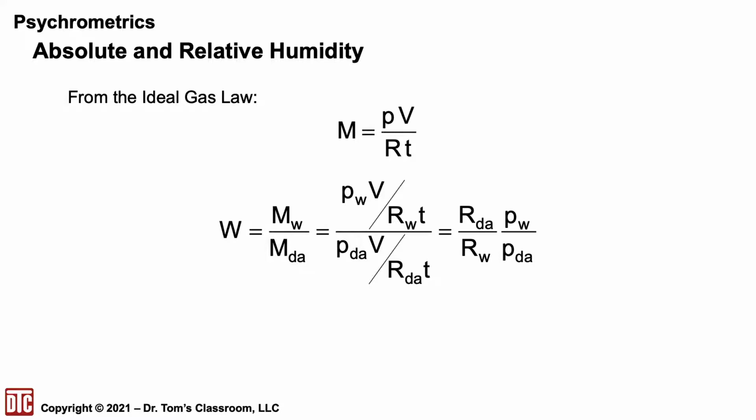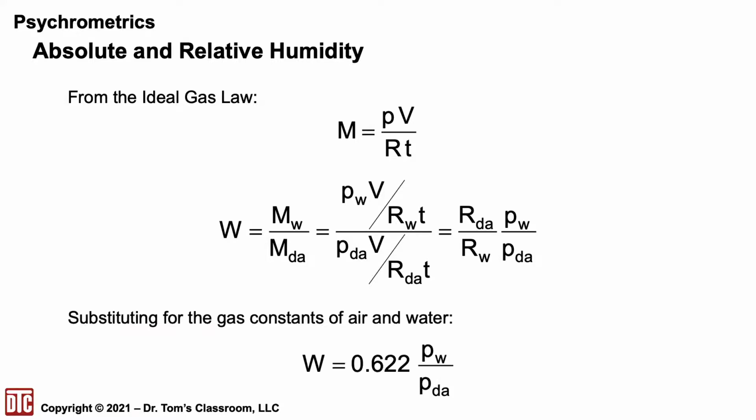And then I'm left with ratios basically of molar masses and partial pressures. Now, the molar mass of dry air is about 29, and the molar mass of water is about 18. And so if I plug those numbers in and massage things up a little bit, I get W is 0.622 P_w over P dry air.